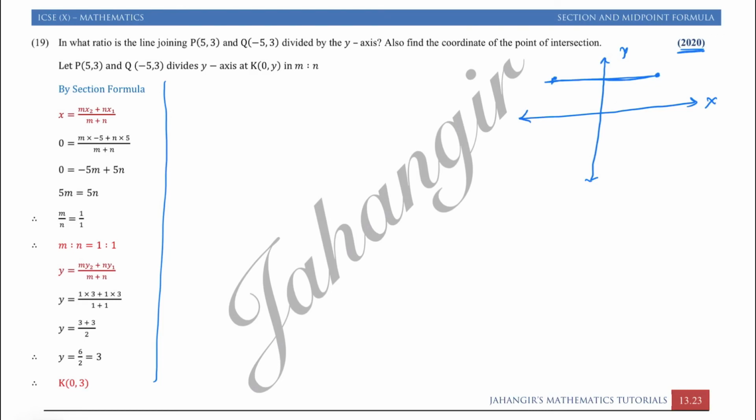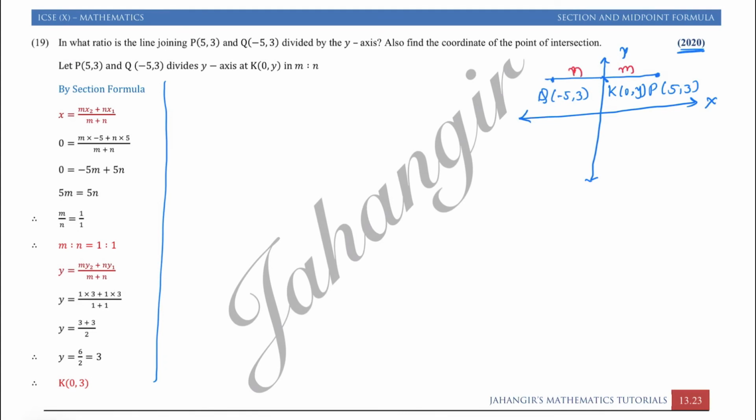So here this is Q minus 5,3. This is P 5,3. Let's say it is intersected at the y-axis at K. We can say at 0, y, and it divides in the ratio of m is to n.